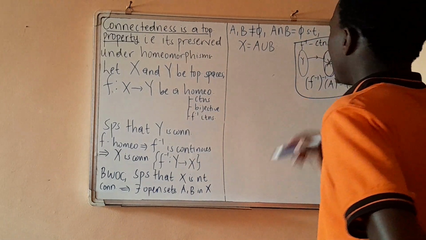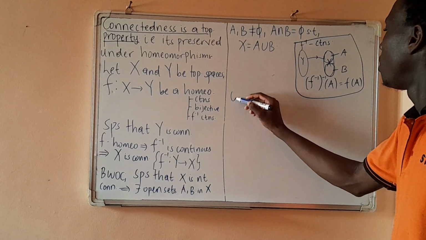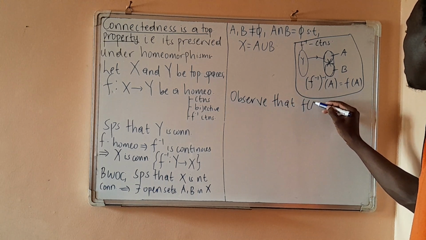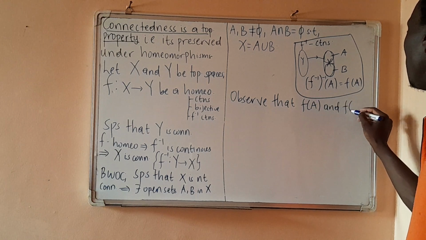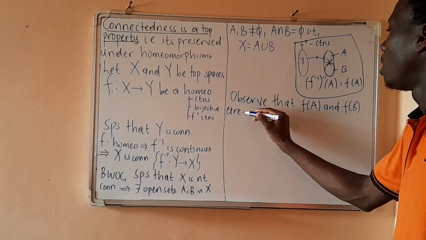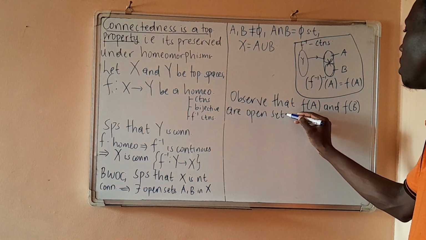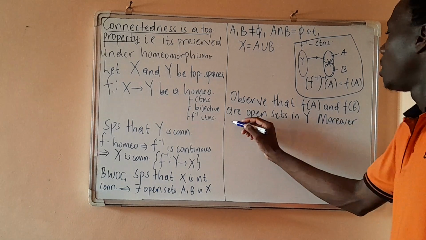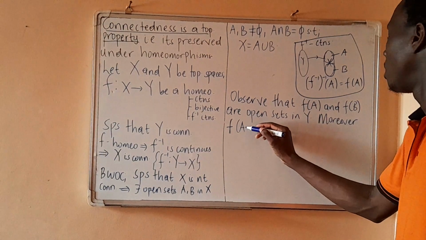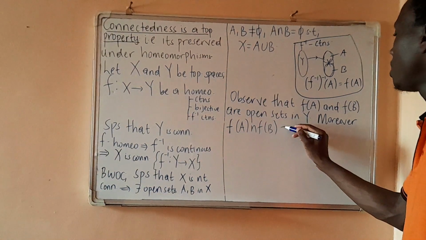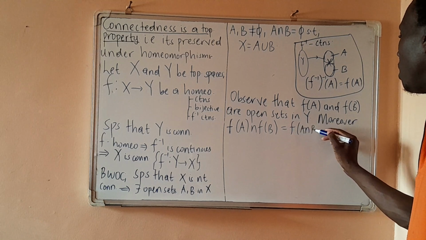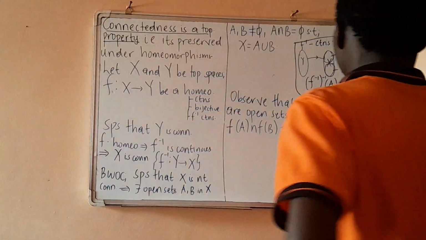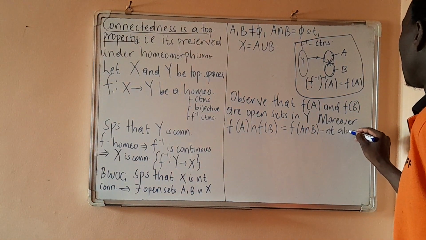So observe that f of A and f of B are open sets in Y. Moreover, f of A intersection f of B is equal to f of A intersection B. I'm taking f outside because this is not always true.